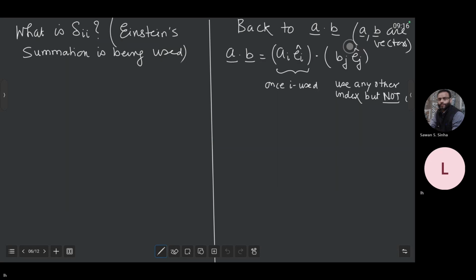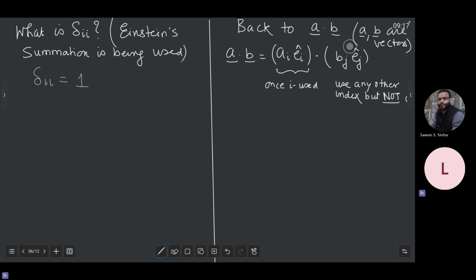Now, before I move forward, let me ask the classic question. In every class, everywhere in the world, wherever the Kronecker delta is taught, the teacher will ask you this question: what is delta_ii? Remember, this has now become part of the package called index notation. So what will delta_ii be? 1. Delta_ii is 1. How many of you agree with this?